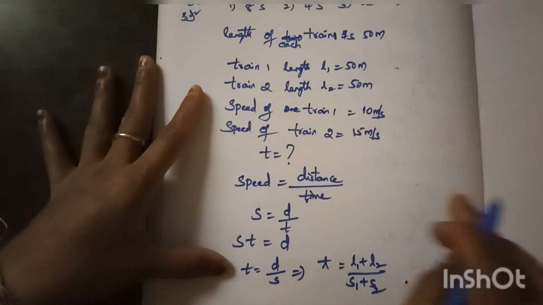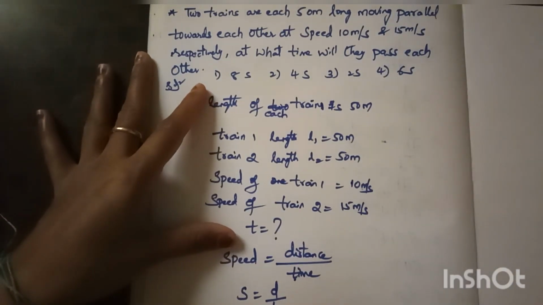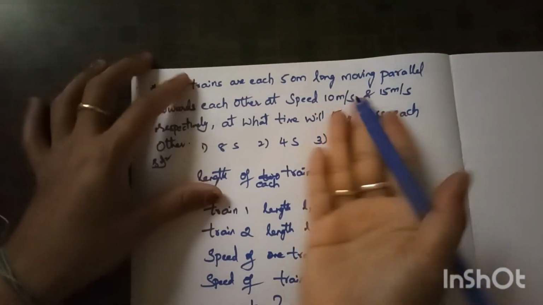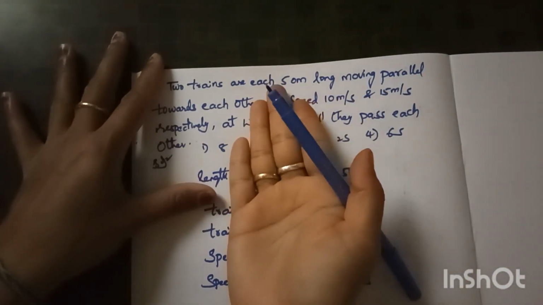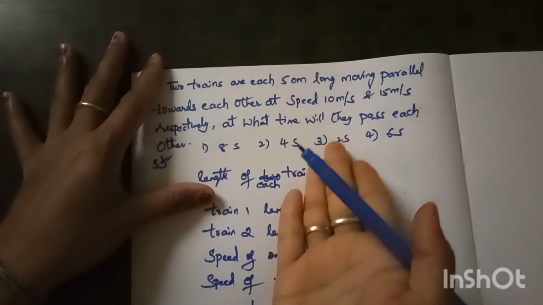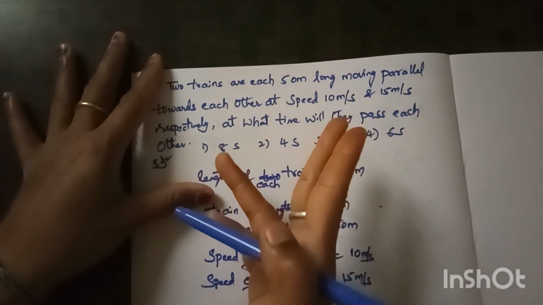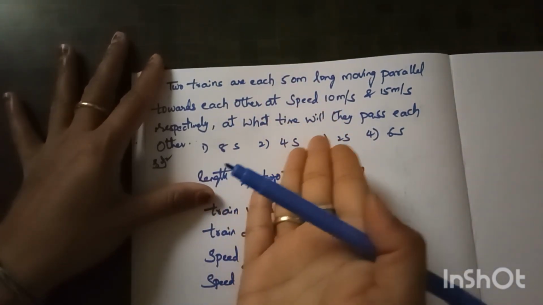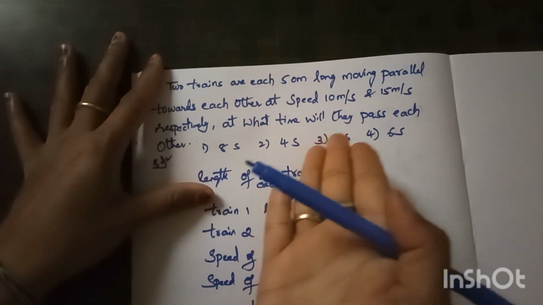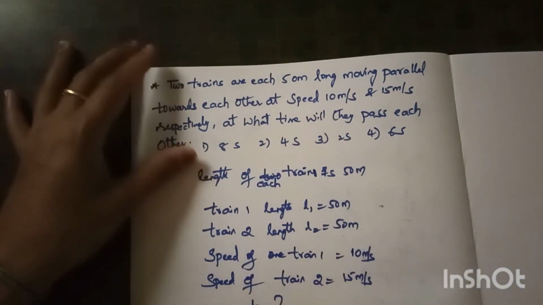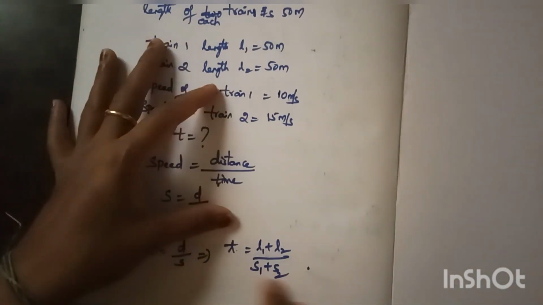I am adding these lengths and speeds because they have given the speeds and lengths, but they don't know the time at which the trains move parallel to each other. So by adding this we get the time.